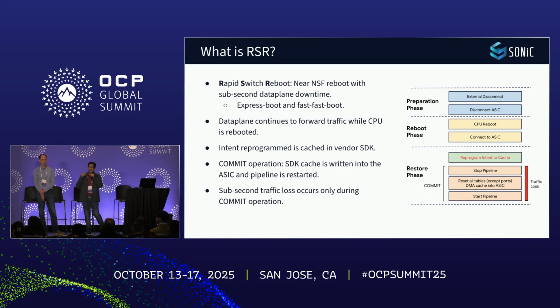So the data plane loss is only during this commit operation, and the links stay up, very similar to NSF. We can consider this a near-NSF upgrade with a few hundred milliseconds of traffic loss. The efficiency of the commit operation really determines how much traffic loss happens during RSR, and as we optimize this commit operation, we can minimize traffic loss.